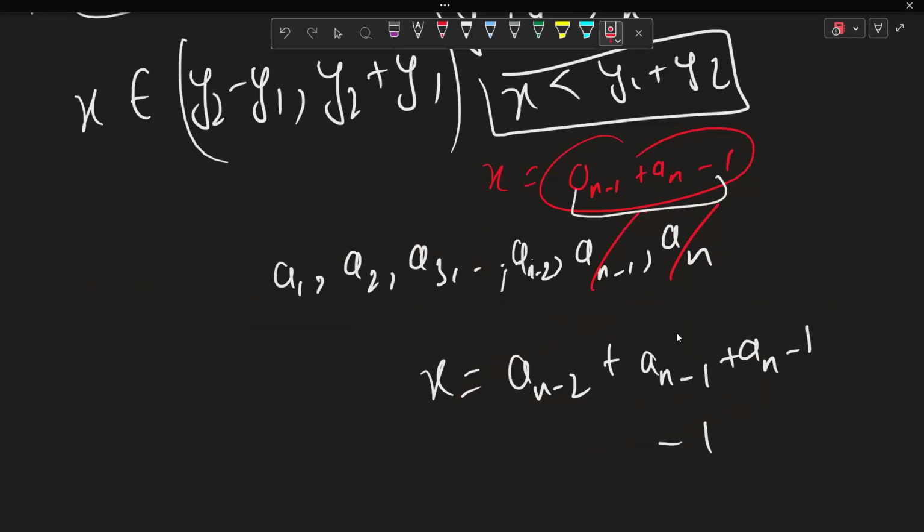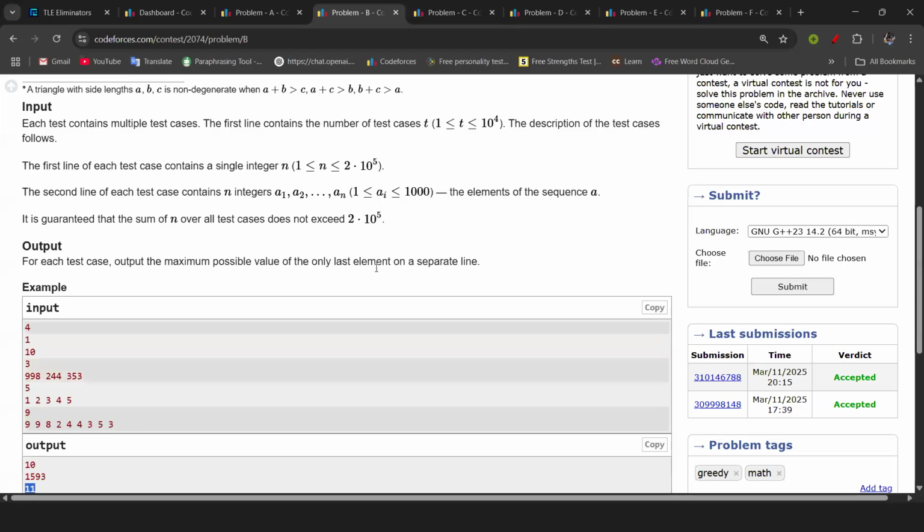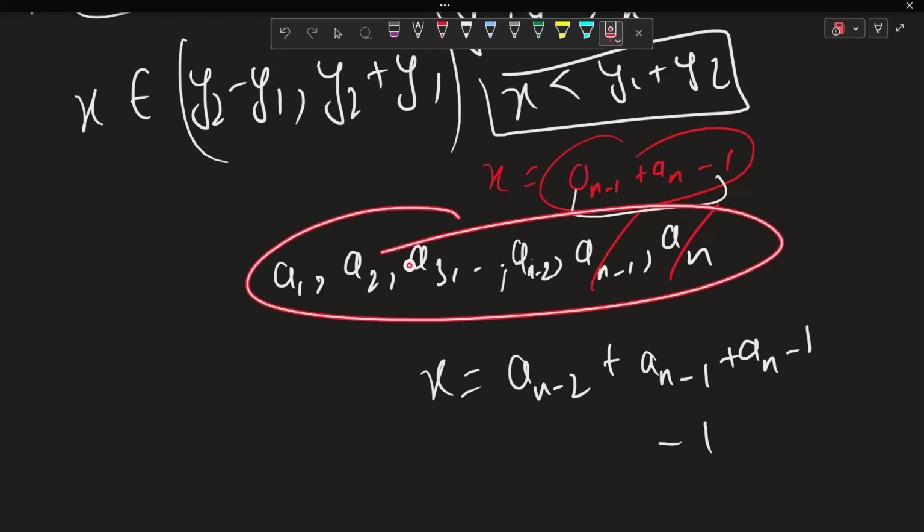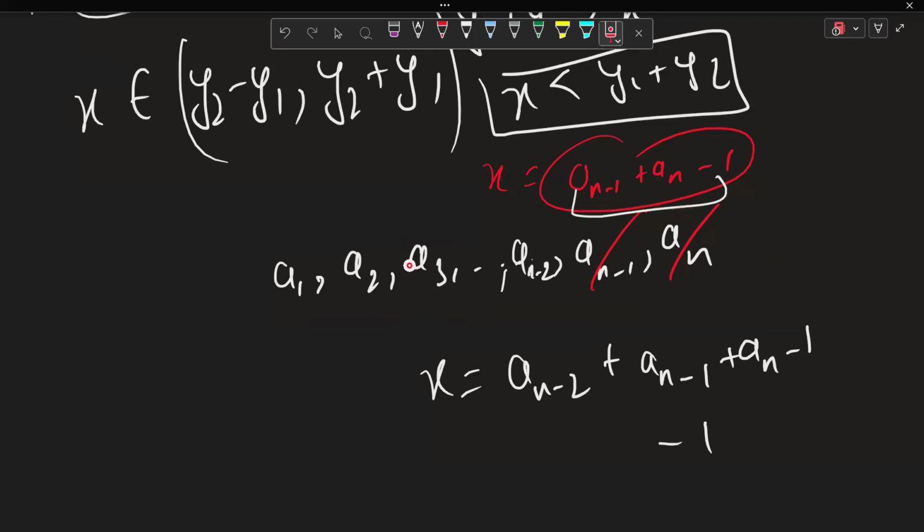What you needed to print finally was the value of the last element. If you perform the operations like this, the order of the elements doesn't matter. Just take any two elements and replace them with the sum of them minus 1. That way, if you perform the operation on the whole array, you get your final value.